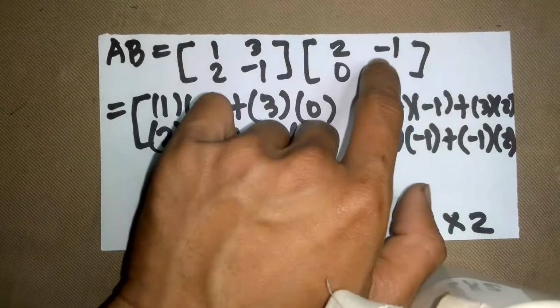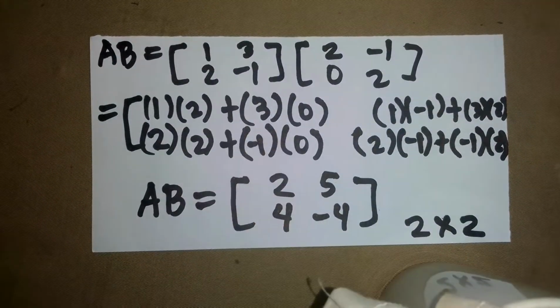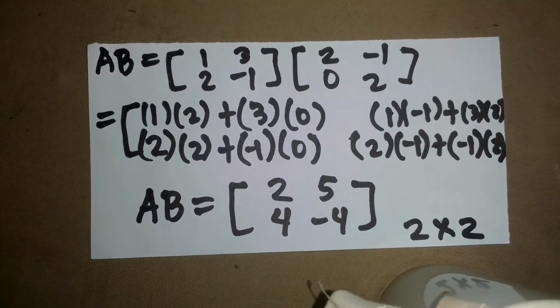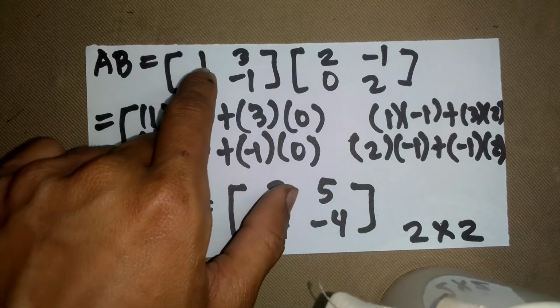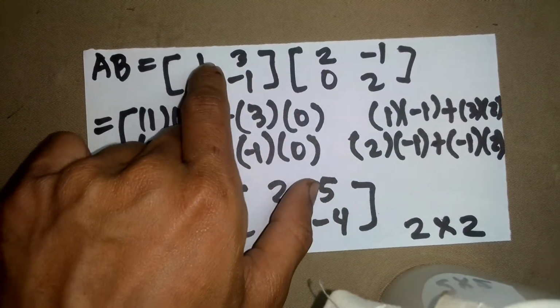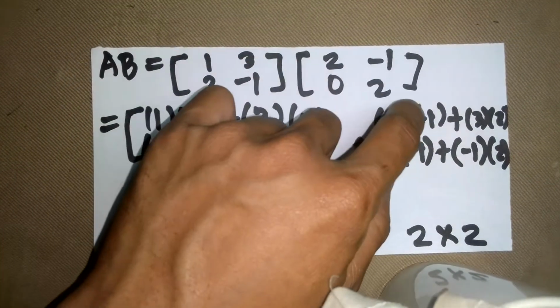To get the second column in the first row, we multiply 1 and negative 1, 3 and 2.